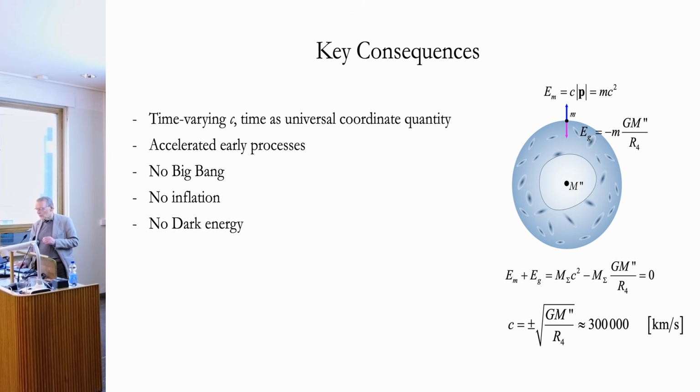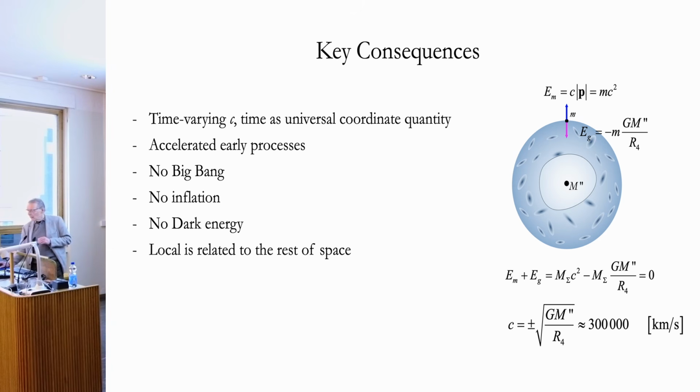And what is very important, everything is related to the rest of space. As we look here, the local mass is all the time in gravitational interaction with the rest of space, mathematically easily expressed using the mass equivalence of the whole space here.